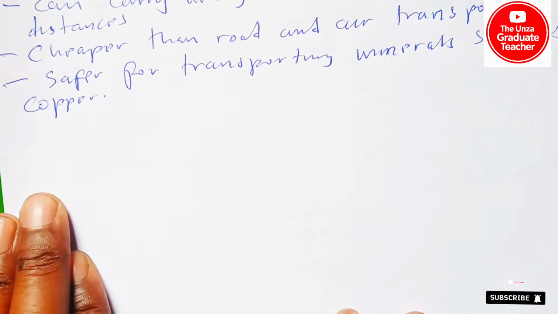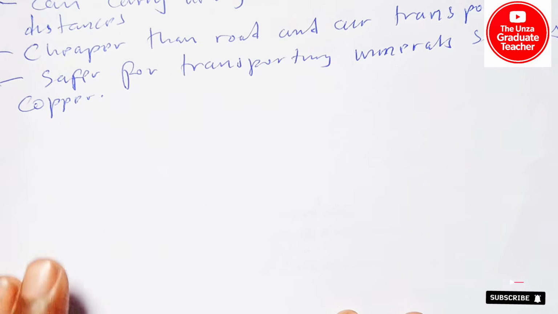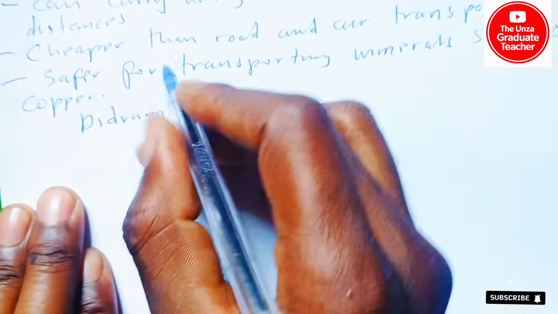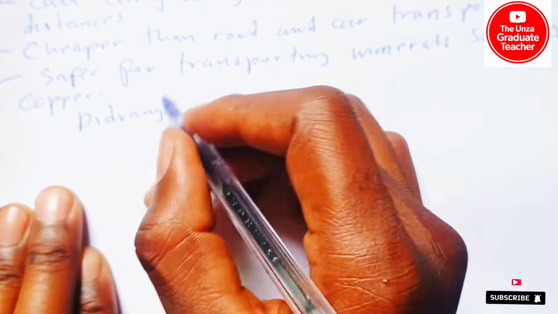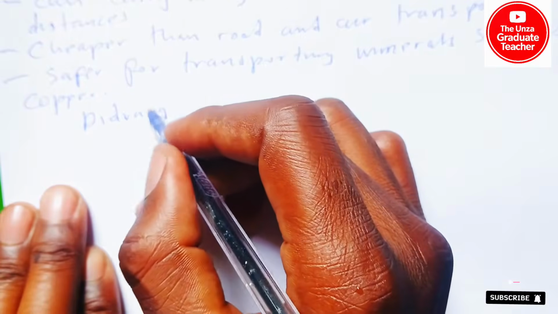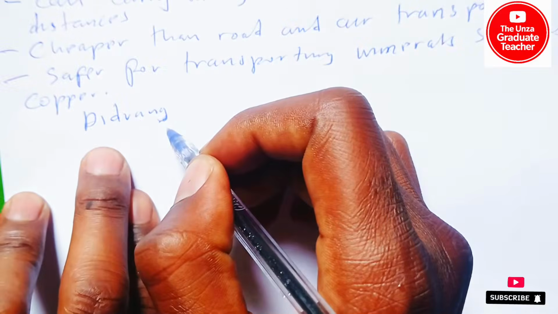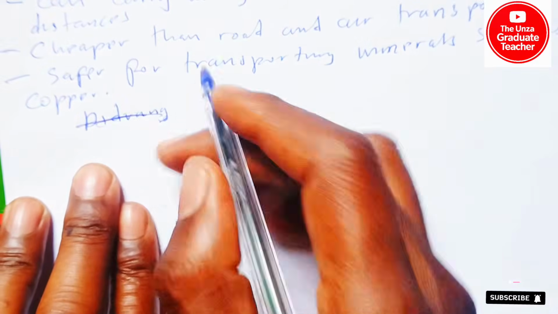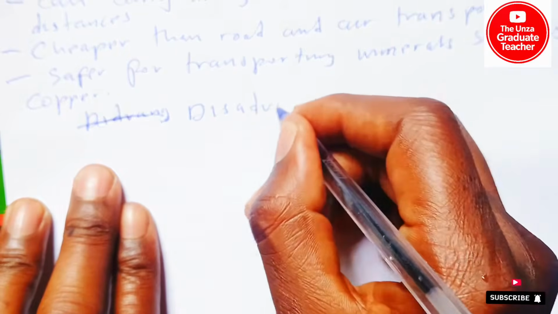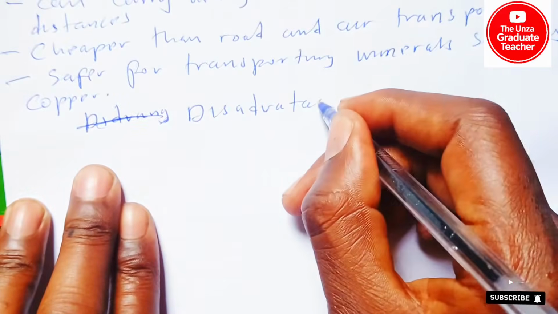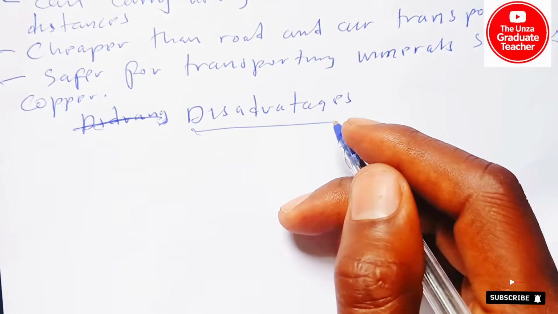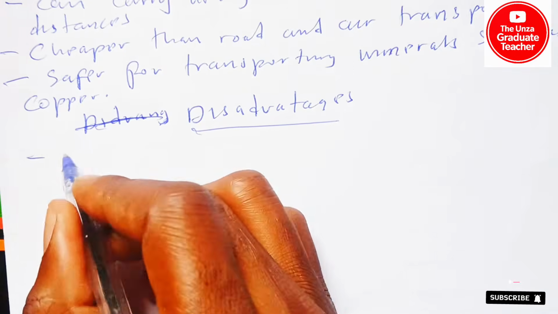Then we are looking at now the disadvantages of railway transport. So you can say one disadvantage, you say slow.